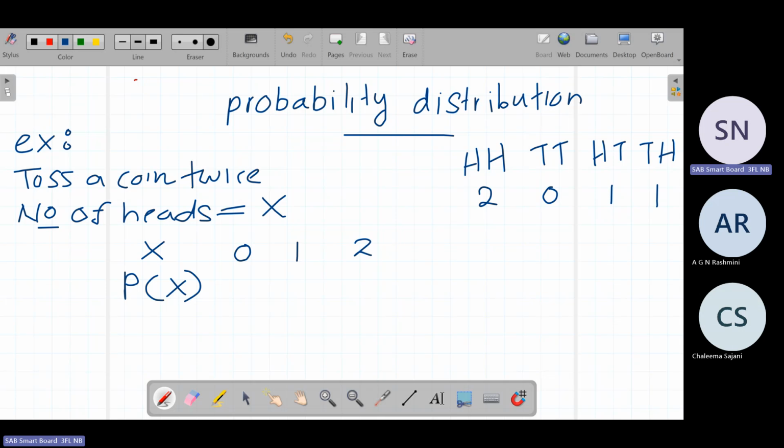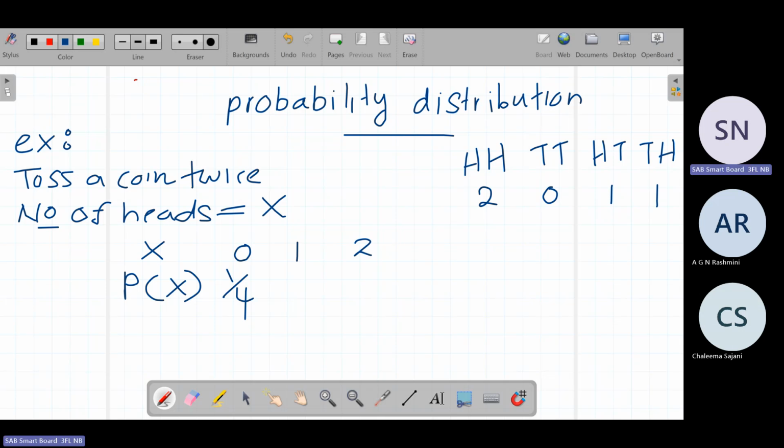What is the probability when x equals 0? Total outcomes are 4. Looking at the sample space, how many chances are there for x equal to 0? 1 chance. So the probability is 1 over 4.